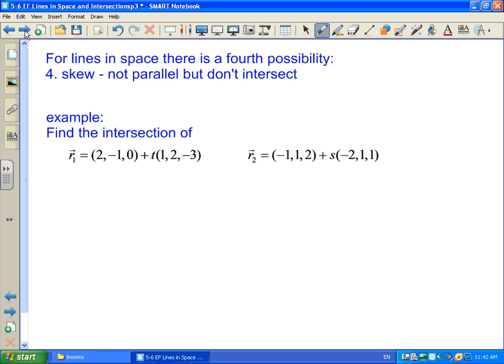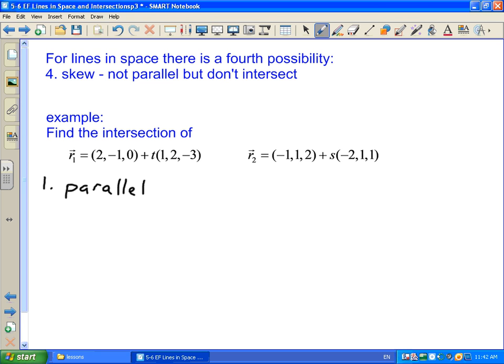The way we approach the question is essentially the same. So, possible question here, find the intersection of these 2 lines. First off, let's check to see if these things are parallel. I'll tell you at the beginning that these are skew lines, so these are not going to be parallel, but every time you do the question, you should always check to see if these are parallel at the beginning.